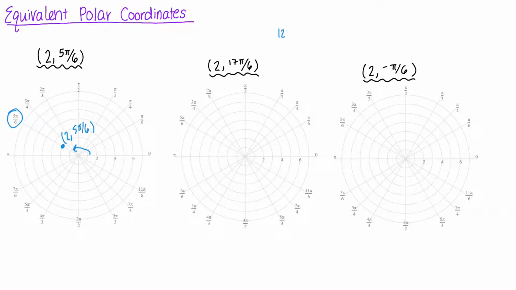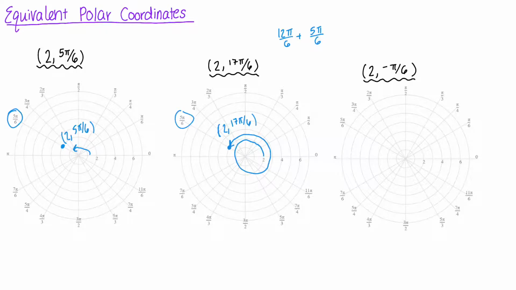So 12 pi over 6 is 2 pi. And then you would have 5 pi over 6 left. So it would be like starting here, going all the way around, and then stopping here on 5 pi over 6. That would be 17 pi over 6. And this would be that point.